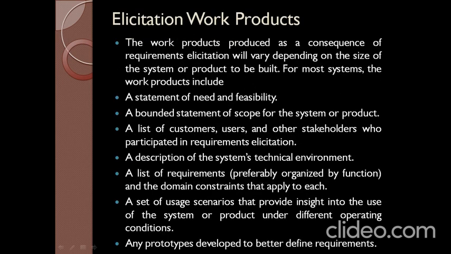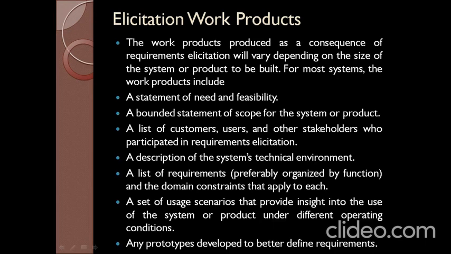Elicitation work products. When you gather the information, the work product is a consequence of requirements elicitation, and it will vary depending on the size of the system or the product to be built.